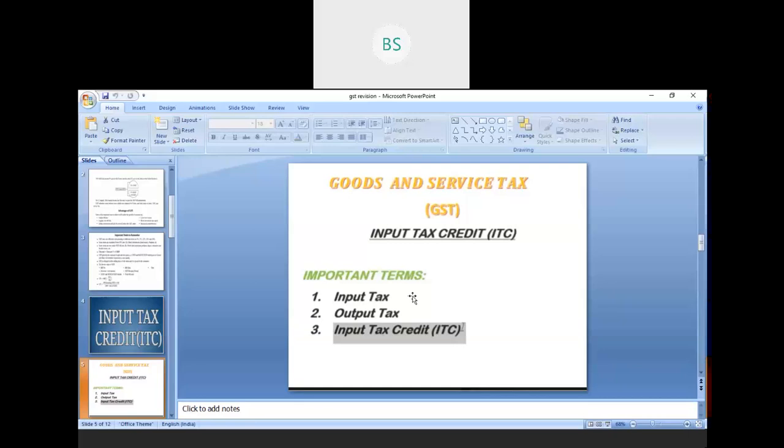Any doubt here? For example, you can take a wholesaler. A wholesaler buying certain things from the manufacturer pays tax when buying them. That is called input tax.